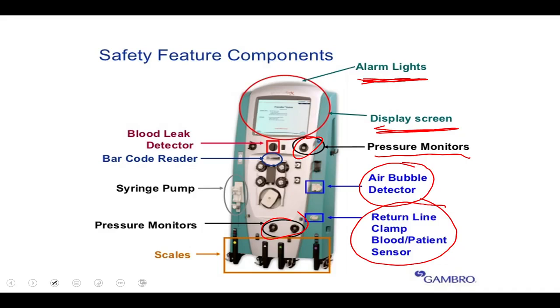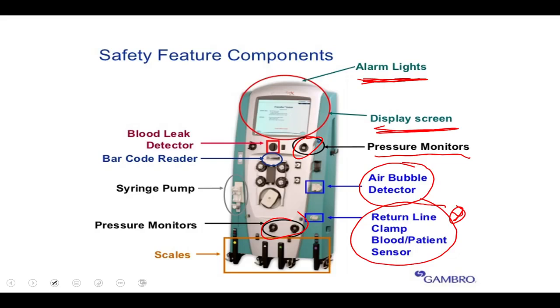So it's pretty much the last protection the blood has before it goes to the patient. If there is air in the system, it's not going to go into the patient because the machine clamps itself.